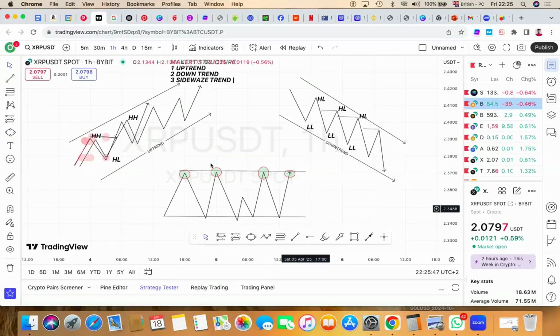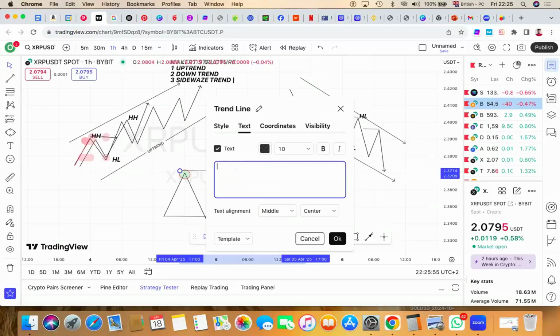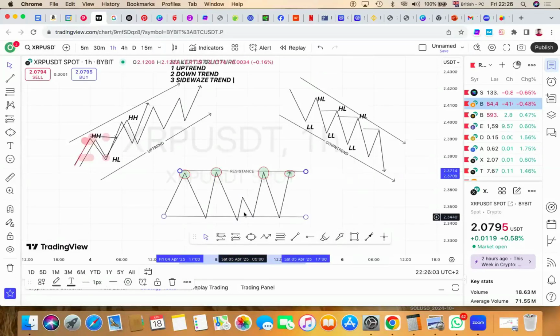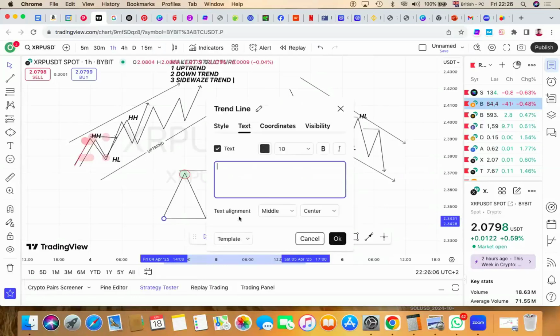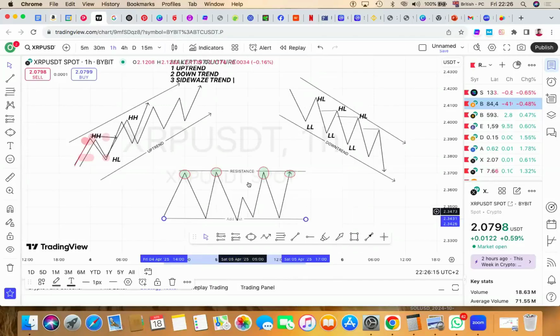So here you go. This is our resistance line, resistance, and we have our support, support. So this is a sideways trend.